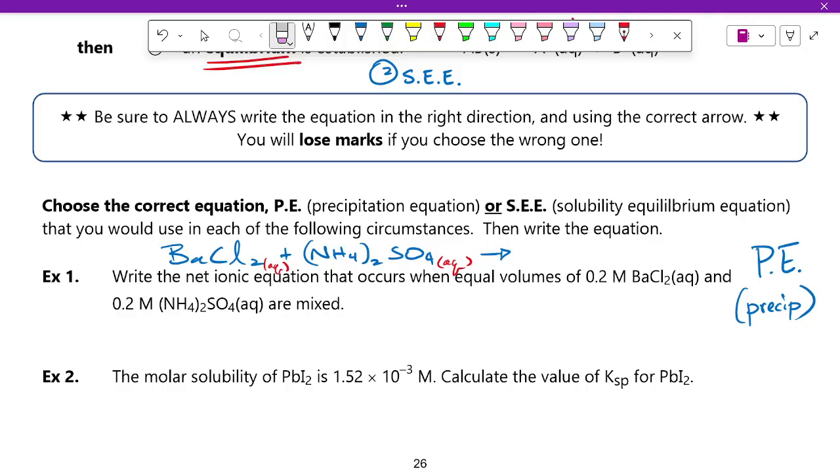Ooh, boy. That means there's no reaction.